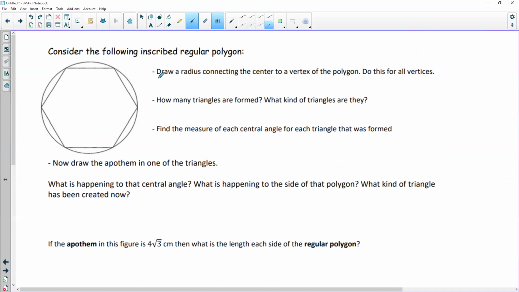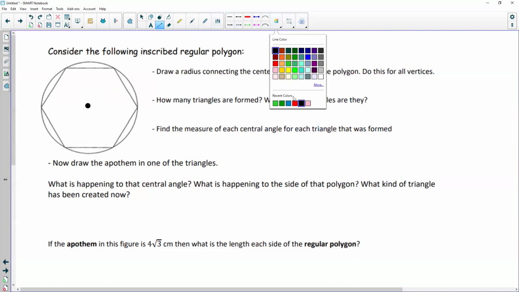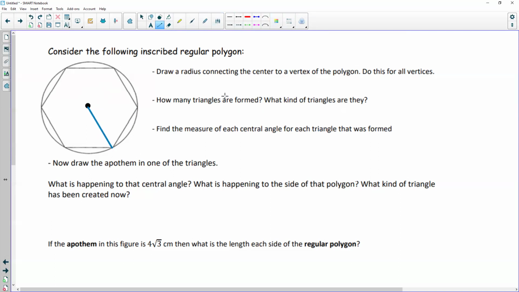What it's asking us to do here is draw a radius connecting the center to a vertex of the polygon. So I'm going to mark the center here. And it's asking you to draw a radius connecting the center to a vertex of the polygon. So let me actually do this like this. That represents a radius.